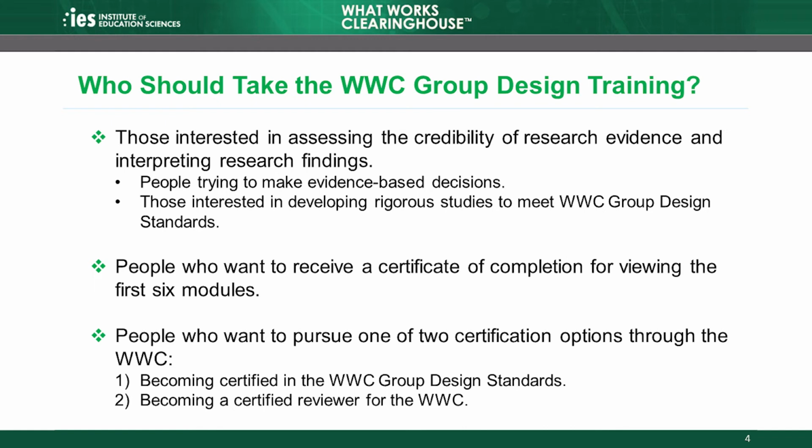Those who successfully complete this level of certification can be included in the list of certified reviewers on the WWC website, and the WWC or the Institute of Education Sciences may contact them to assist with review efforts. To determine which option to pursue, consider which certification level you would ultimately like to earn. Viewing the first 6 modules is a part of the pathway to the certificate of completion and both levels of certification.